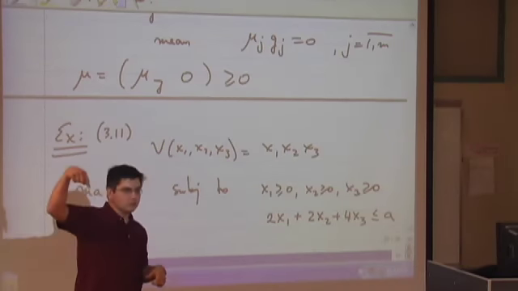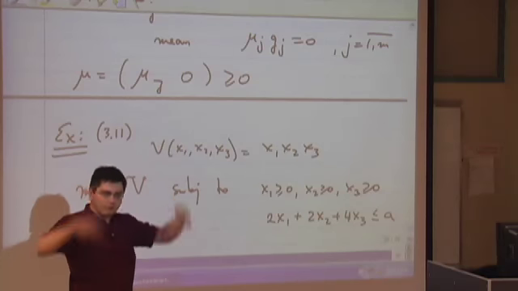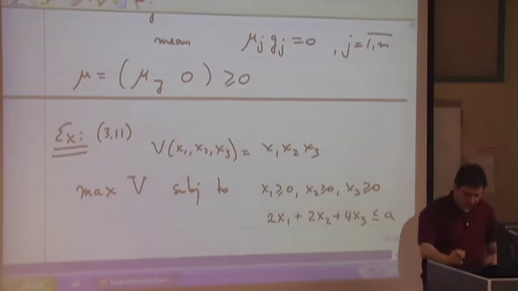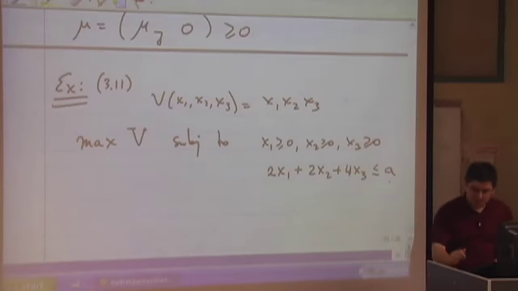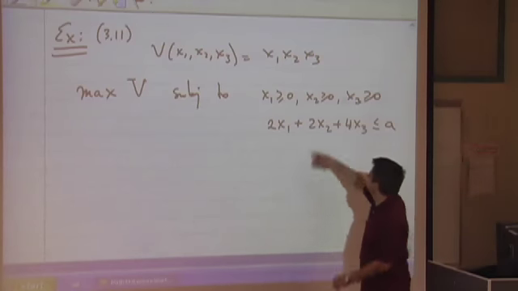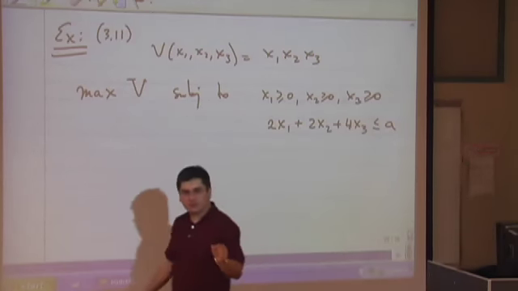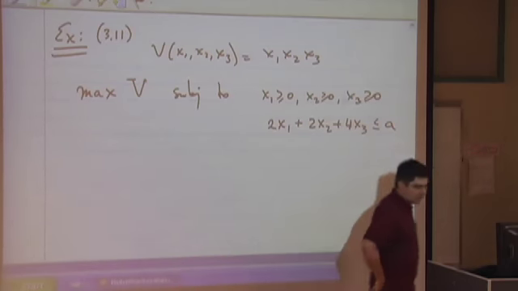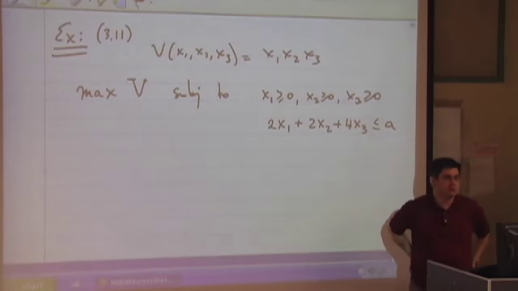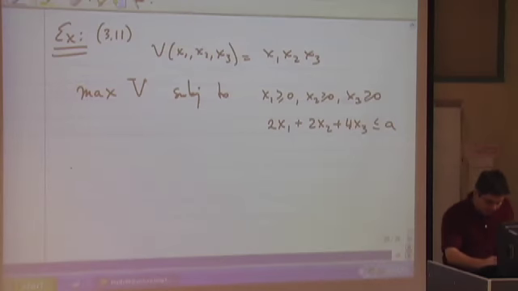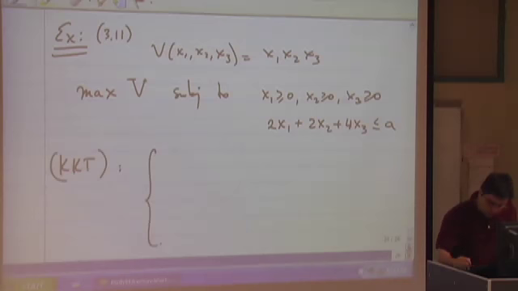Then you have 2 of each, and then you have 4 lateral ones. So x3 is the height. Okay? Anyway, where a is a constant. So, we don't have an equality constraint. We have a maximization rather than a minimization problem. And we have 4 inequality constraints, right? So we're going to have 4 mu's. So the KKT conditions are going to be as follows.